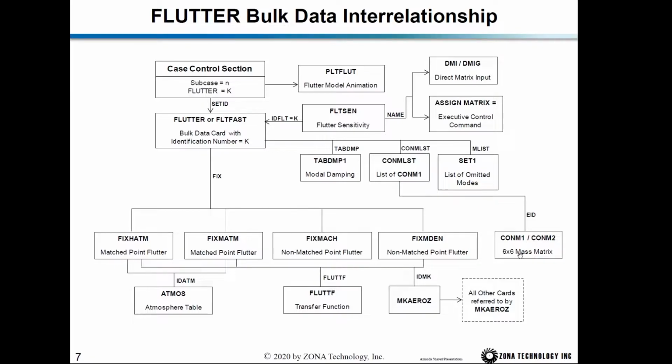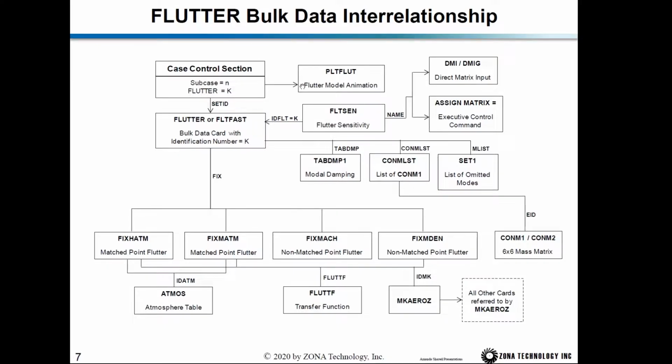And then the Flutter module will modify the generalized mass matrix using this count name 1 and count name 2. It also refers to a set 1 card. In the set 1 card, you list out the indices of the modes which you want to remove from the Flutter analysis.